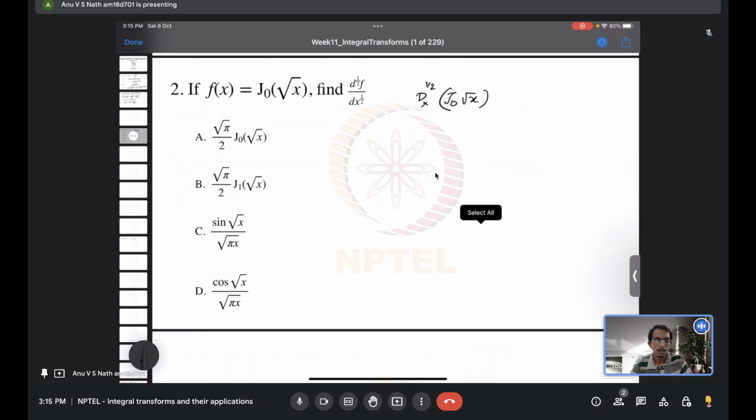So, anyone got the answer? One hint: maybe you can use the expression of J0 of some variable, say s. You know the series expansion of J0 is basically a Taylor series expansion.